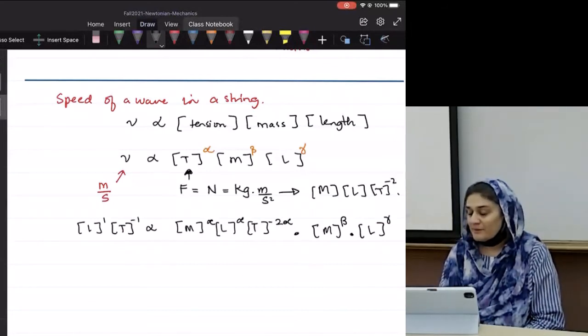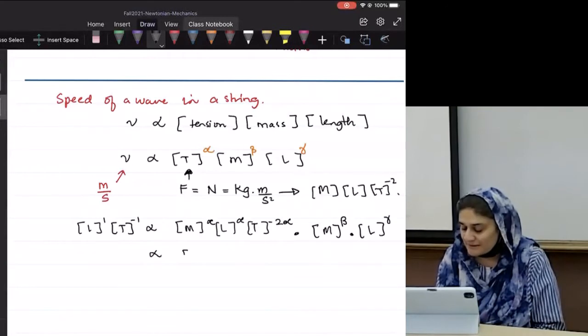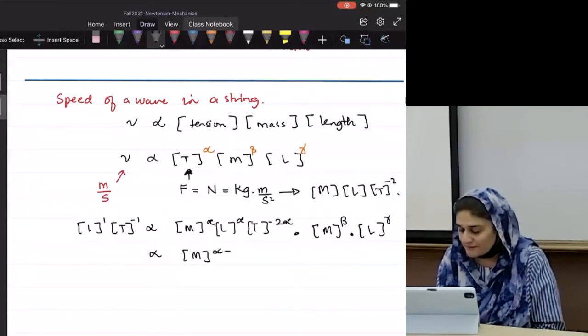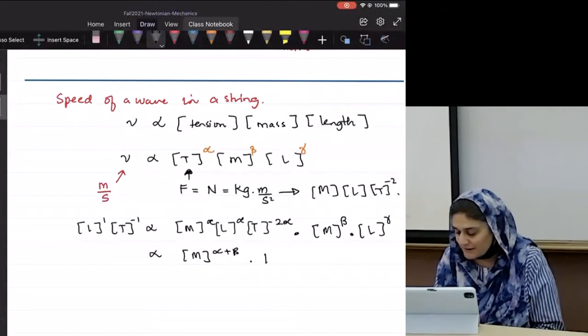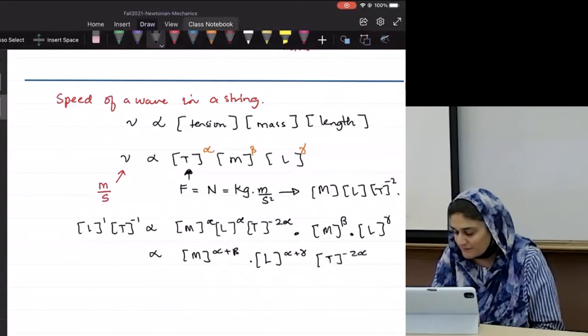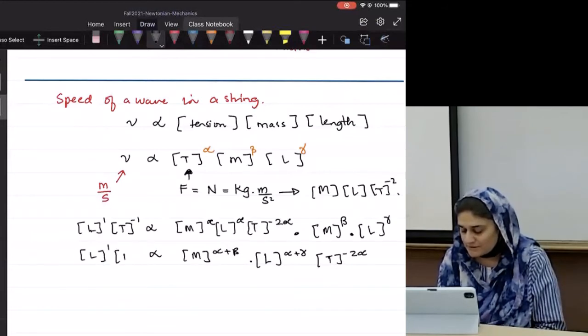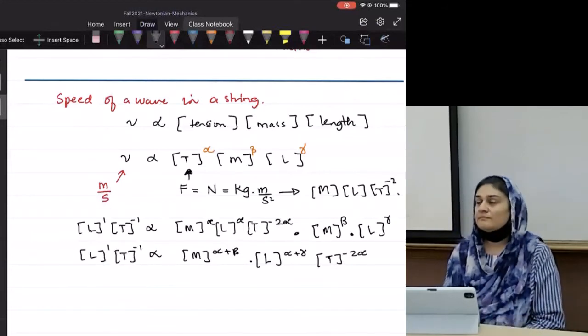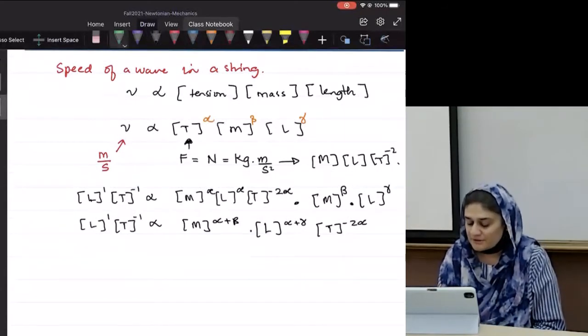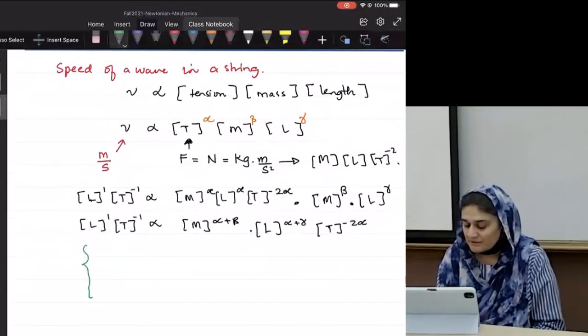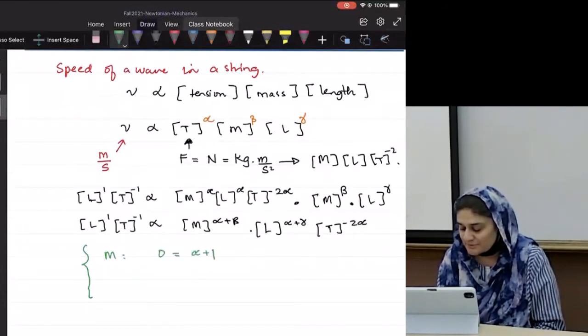Now I can equate powers. M to the power alpha plus beta, dot L to the power alpha plus gamma, and T to the power minus 2 alpha, equals L to the 1, T to the minus 1. What will I get? If I do M, it'll be 0 equals alpha plus beta.